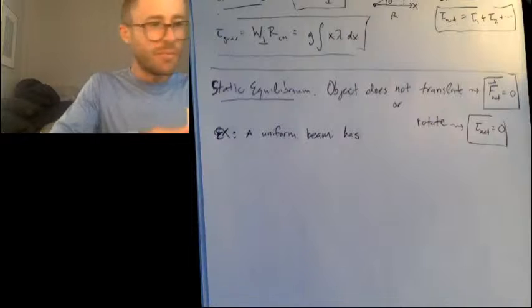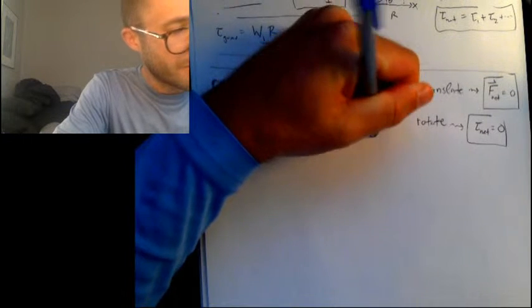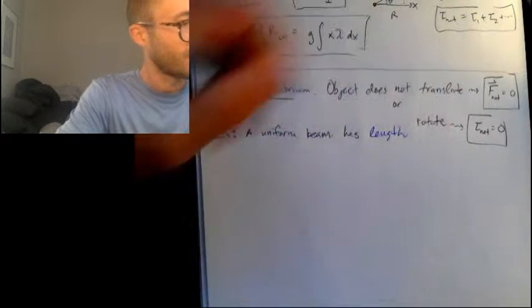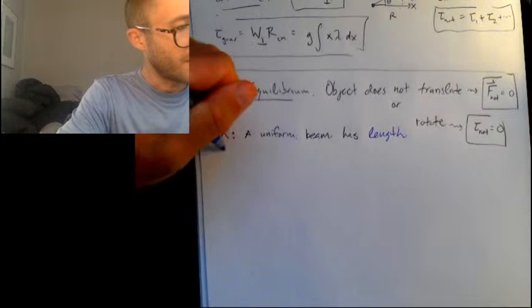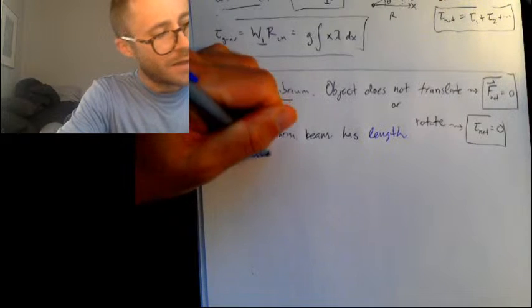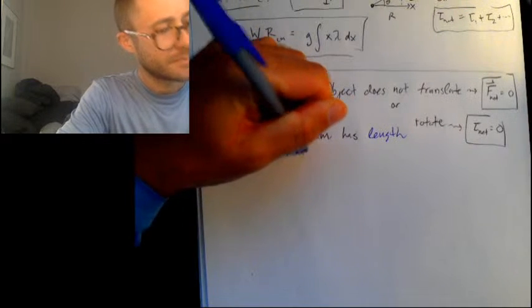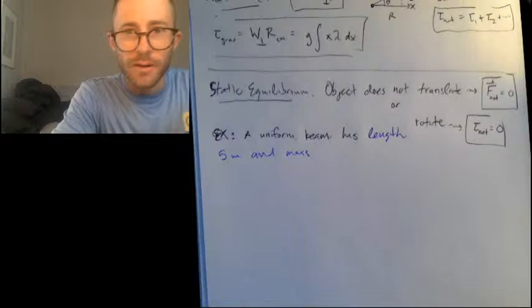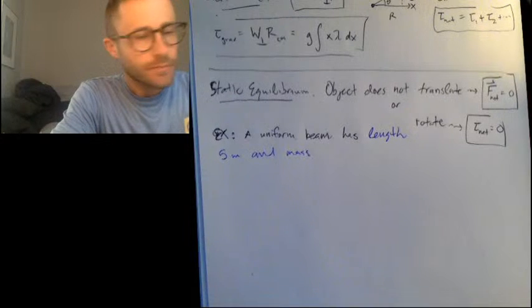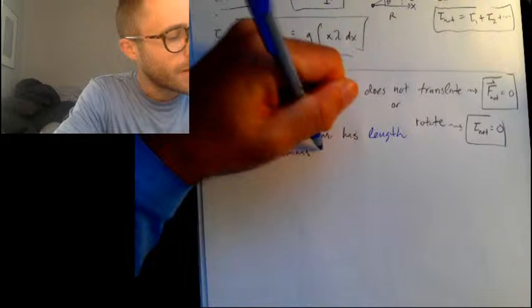So a uniform beam has length 5 meters and mass, let's say, 40 kilograms.